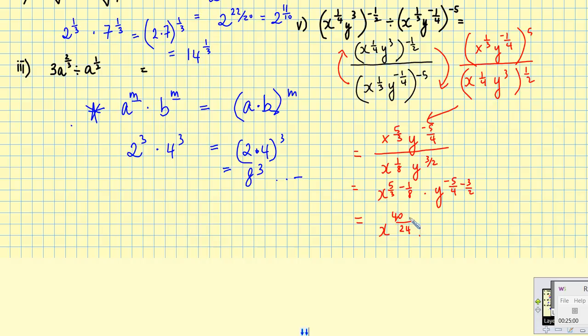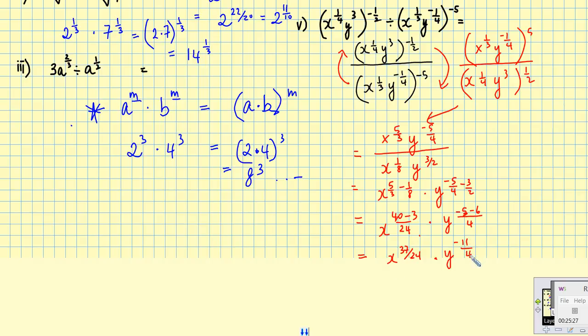So it's 40 over 24 minus 3 over 24, and that gives us x to the 37 over 24, multiplied by y to the negative 5 over 4 minus 6 over 4, which gives us negative 11 over 4.